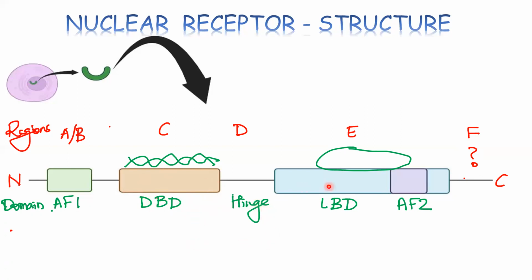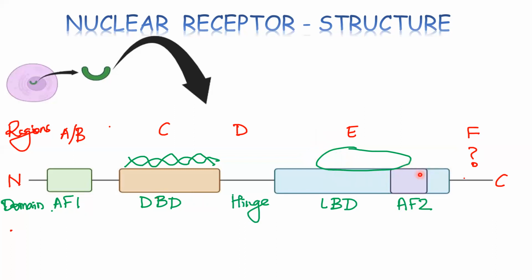Then the hinge region. Then we have LBD in the E region. LBD is the ligand binding domain, where the ligand is going to come and bind. This particular structure of the nuclear receptor is very specific for the ligand, as we all know that receptors are always specific for their ligands. Only specific ligands meant for this receptor are going to come and bind over here.